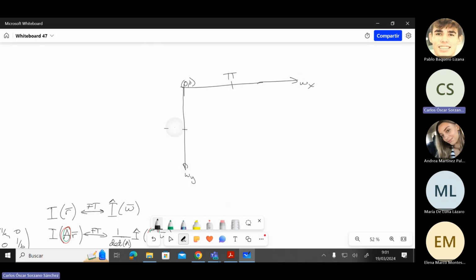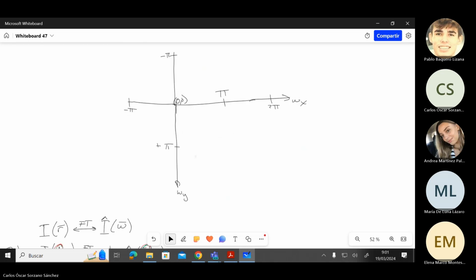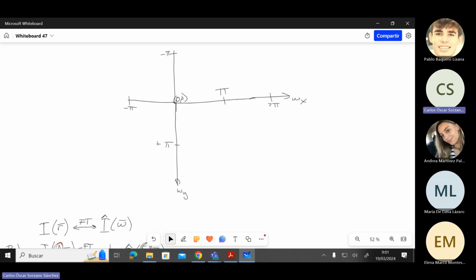This is the range, and this is also pi. I will concentrate on one of the sides, but it happens everywhere.